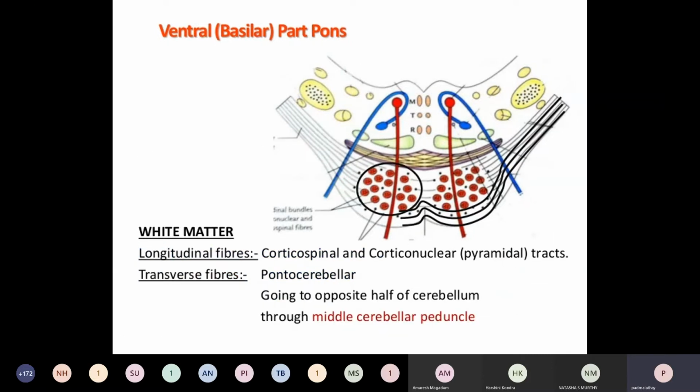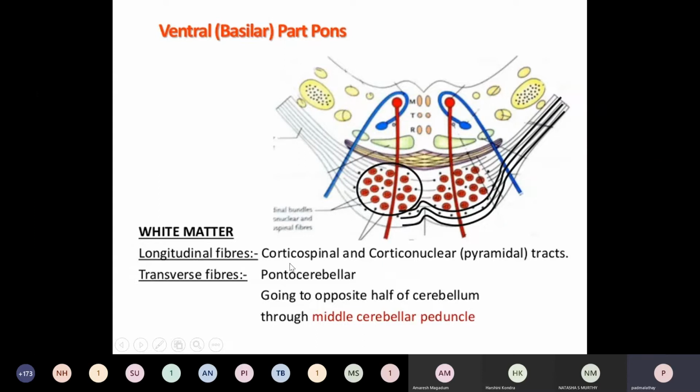Now coming to the white matter present in the basilar part. The white matter is nothing but what I have explained now, that is the fibers, the longitudinal fibers and the transverse fibers. Longitudinal fibers are the fibers coming from the cerebral cortex, which will reach towards the spinal cord and also towards the reticular nuclei.